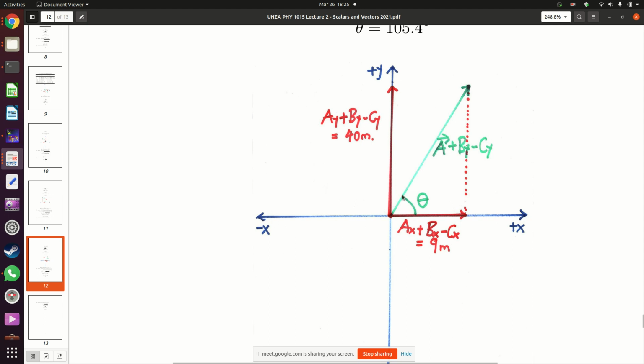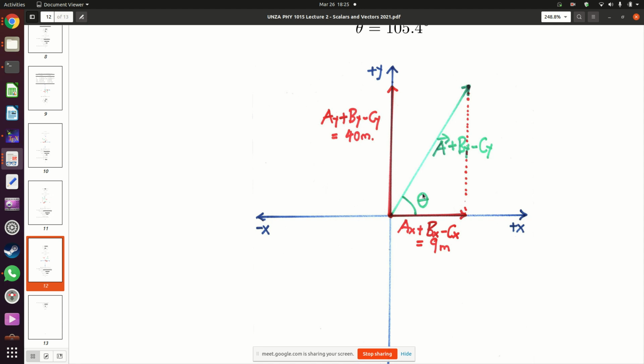So in this triangle, phi and theta are the same size, and they are measured the same way. Phi is measured from the positive x-axis anti-clockwise. Your phi is also measured from the positive x-axis, now it's measured anti-clockwise. So these angles, theta and phi, when you are in the first quadrant, they are the same.